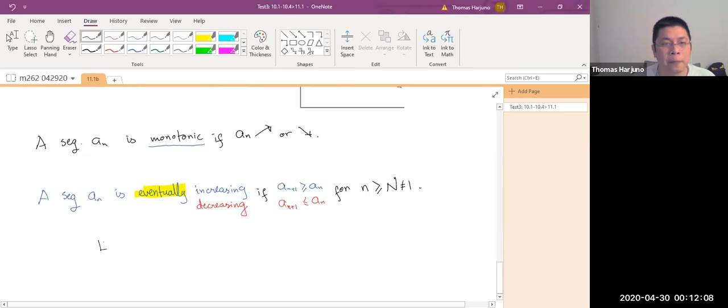Suppose, for example, I have a sub n equals n squared minus 8n plus 4.